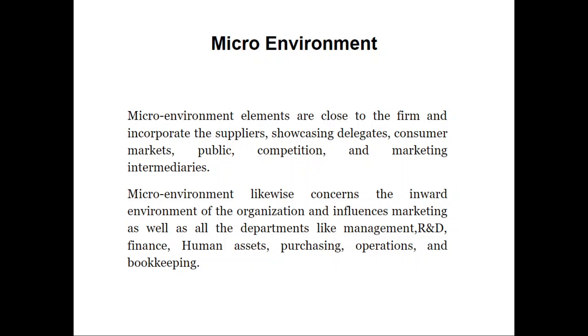They are very attached to the firm. They lie near the company itself, like suppliers, delegates, consumer markets, public, competition, and marketing intermediaries, which also includes the departments of the company itself, like management, research and development department, finance department, human assets or human resource, purchasing department, operations, and bookkeeping as a whole.